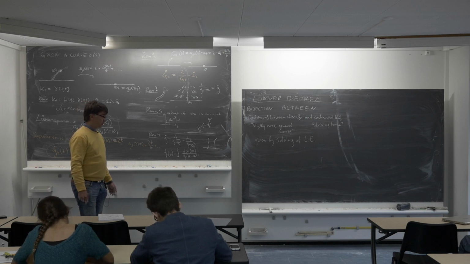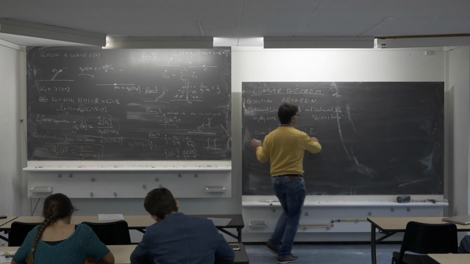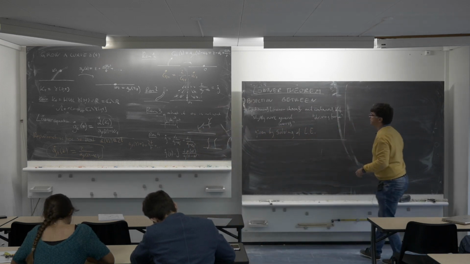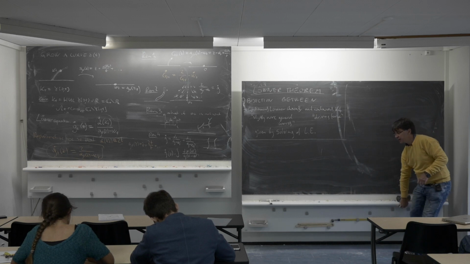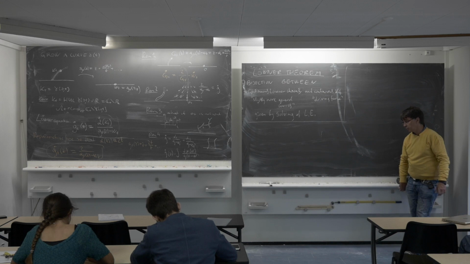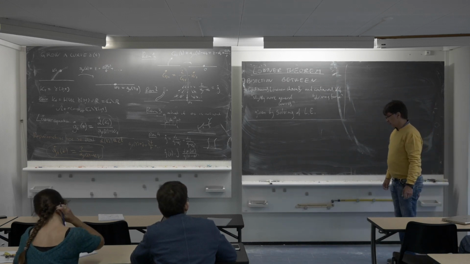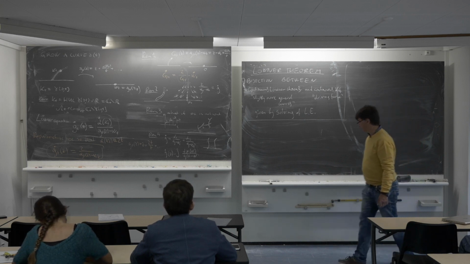Now I have to say what a Loewner chain is. In principle, I could leave it as this, saying that it's slightly more than curves, but maybe I should say what the examples are.